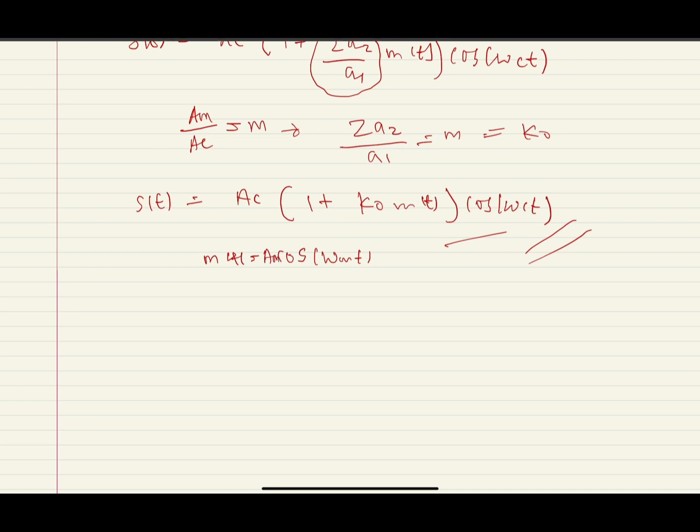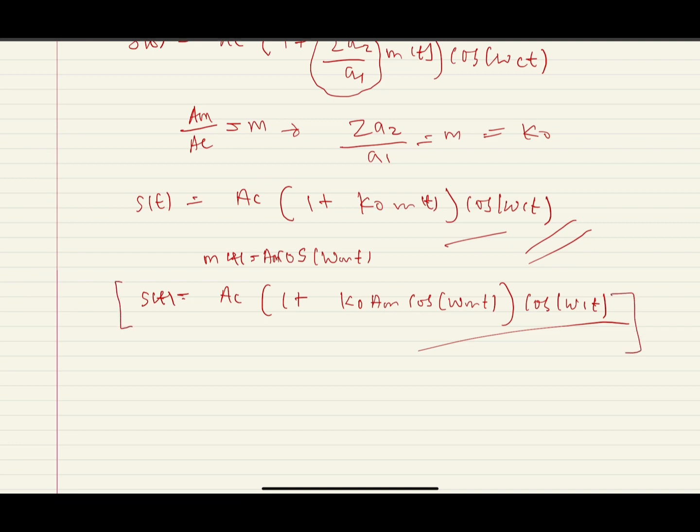For that matter, we substitute inside, and you get AC into bracket 1 plus K naught AM cos omega mt, and then another cos omega ct. So you can see that they are all the same. So this is the square law method of generating an AM wave.